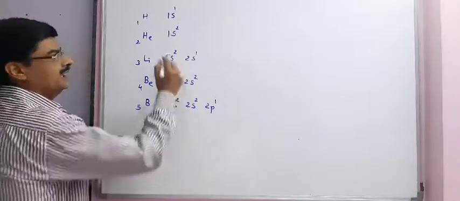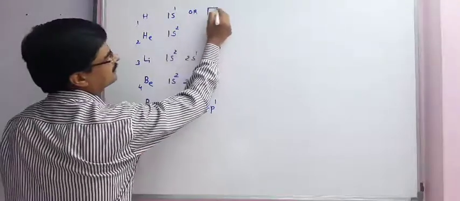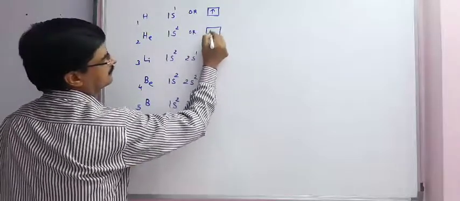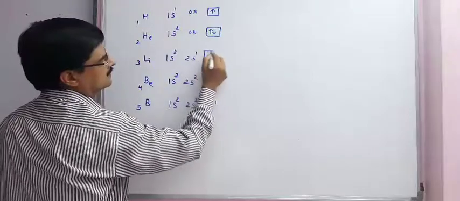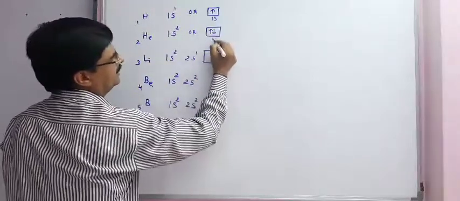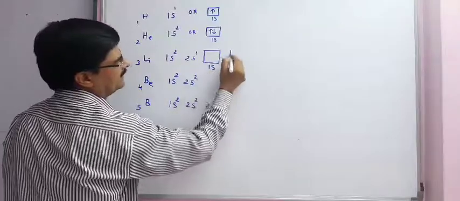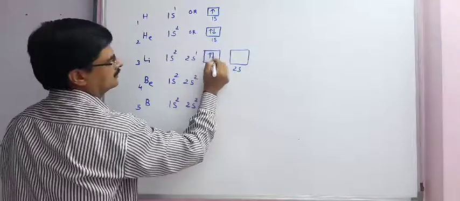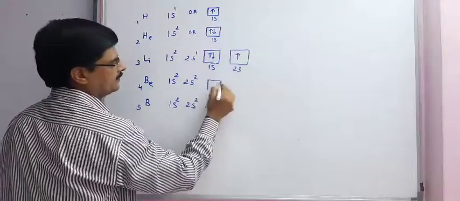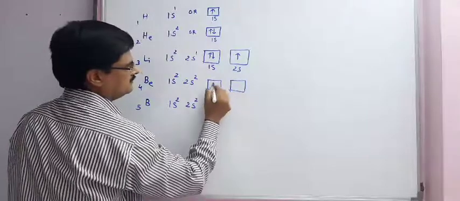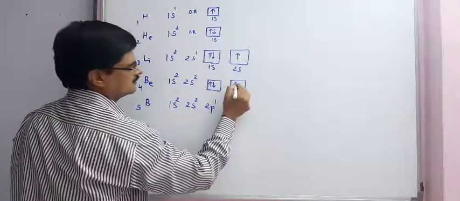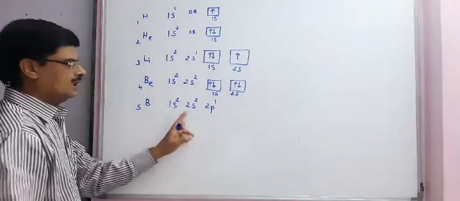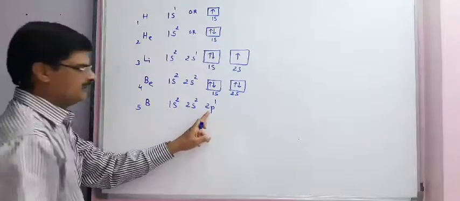So 2p1. In box formation we can write: this is the 1s orbital, then 2s. Now for boron, 1s2, 2s2, 2p1.